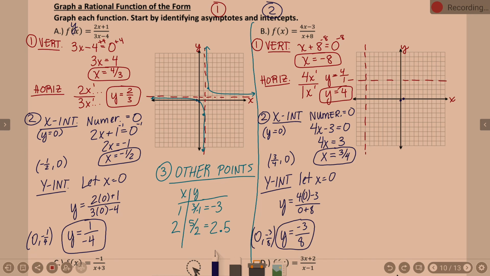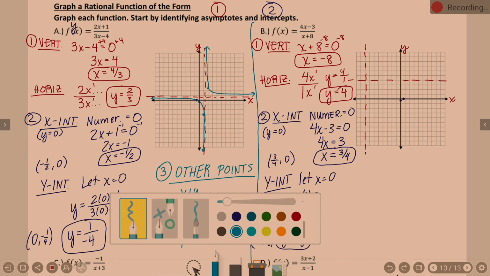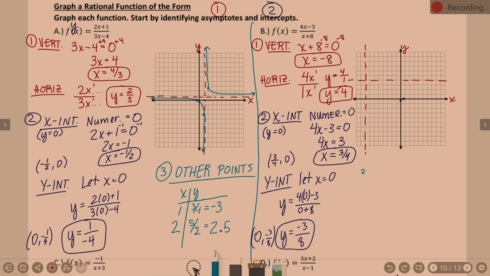Okay? If you're feeling the need for confirmation, this is where I suggested step 3 yesterday, which are other points. Now, I'm not sure if I said it exactly this way in your class, so I'm going to make sure I do today, but to kind of confirm, I definitely want to do something over here to the left of this asymptote, because I want to make sure we're supposed to be in the upper left.